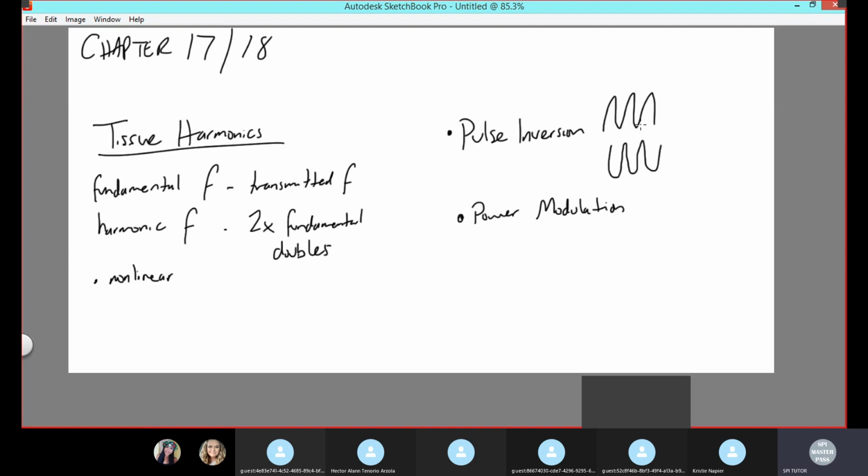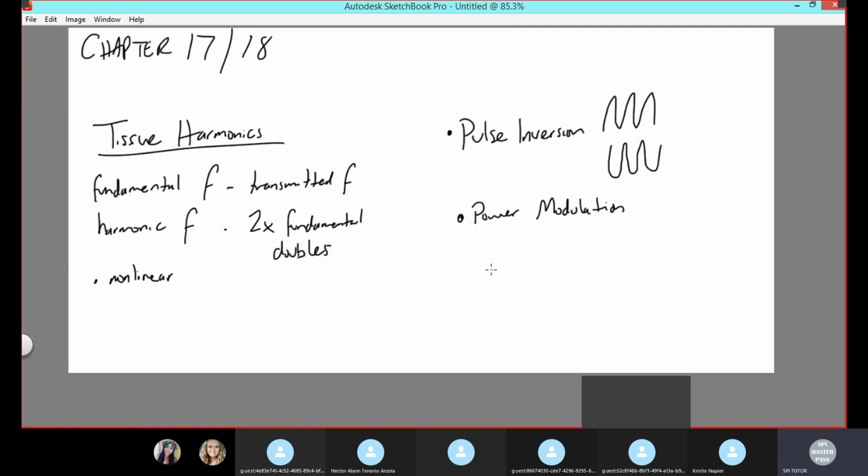That's how the machine isolates the transmitted frequency, which are these 2 opposite waves, and keeps the harmonic frequency for your imaging. So that's pulse inversion. It just sends out 2 pulses and they experience destructive interference. In the very beginning of the book, you have constructive interference and destructive interference. This is when they just cancel each other out.